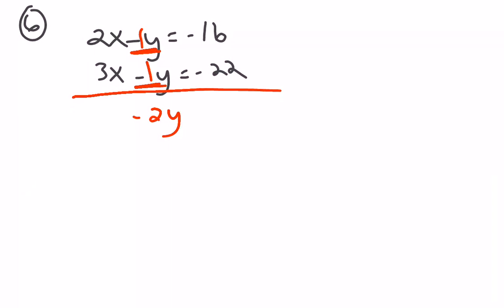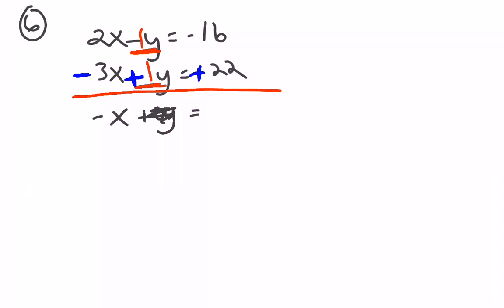So looking at that right now, if I just tried to solve this, I would get negative 2y right there, but I want those to cancel. So what I need to do is change all the signs in one equation. I'm just going to do the bottom. So negative, positive, positive. And then we're going to combine this. So we get 2x minus 3x is negative x. Negative 1 plus 1y would be 0y, so that part is gone.